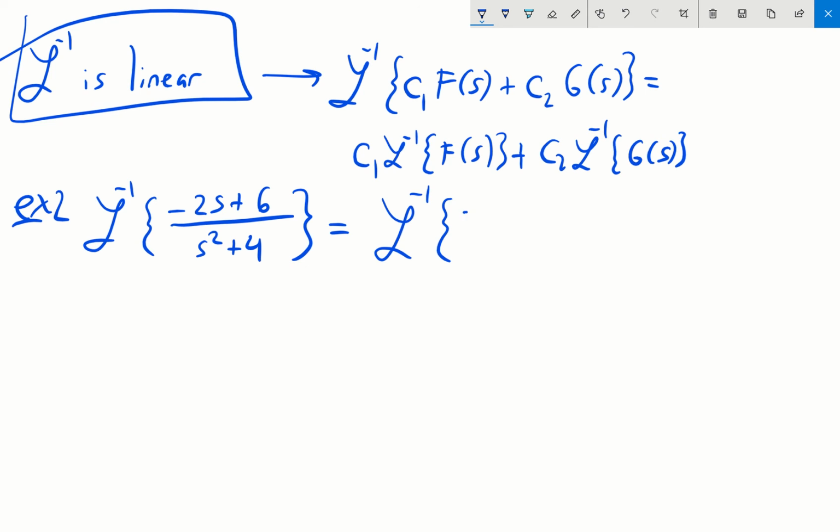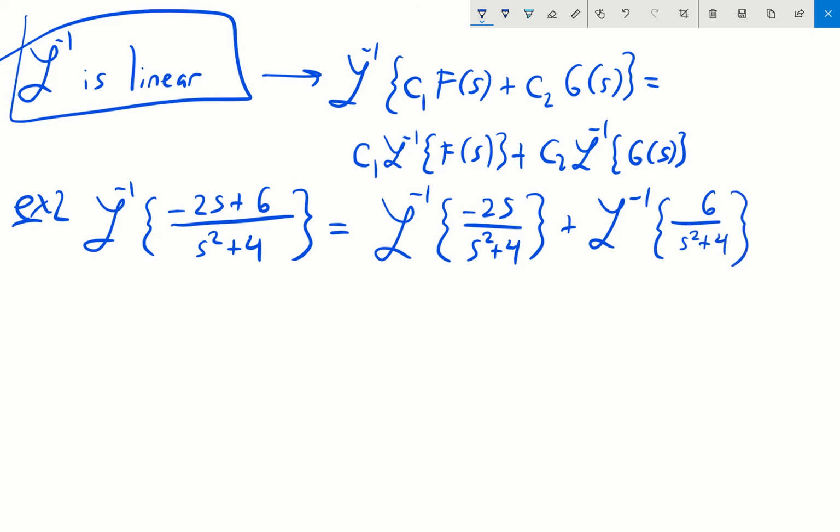This would become the inverse Laplace transform of negative 2s over s squared plus 4 plus the inverse Laplace transform of 6 divided by s squared plus 4, because inside, you can split apart the numerator. So write the inside like this. Then via the linearity of the inverse Laplace transform, we get that.